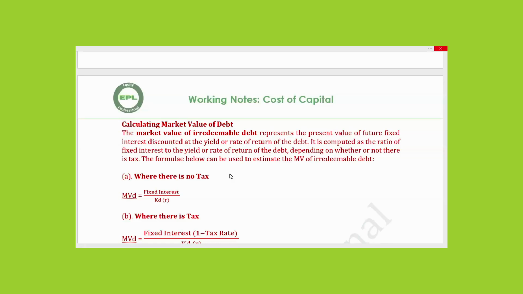When you want to determine the worth of a business or of a company, depending on the method that you want to use, the most sophisticated method is the discounted cash flow method. So discounted cash flow method relies heavily on the use of free cash flow, right? So cost of capital is what will be used to discount the free cash flow when you are valuing a business.